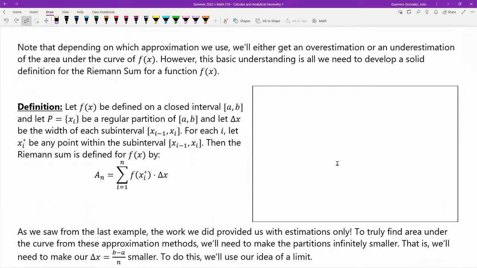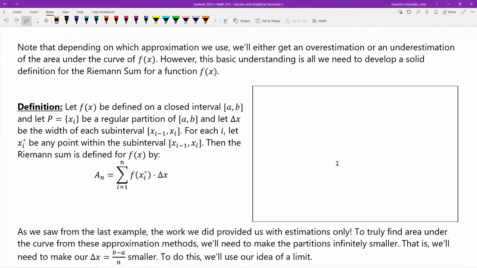Like I said above, depending on whether you use the left end or the right end approximation, you're going to either get an overestimation, because your boxes take up area that isn't under the curve, or you're going to get an underestimation, where your boxes, just like we had in the example above, never hit the very top of the graph.